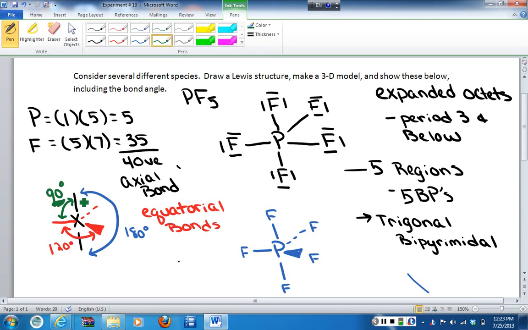Because of the greater electron repulsion, these axial positions end up lengthening within the molecule. So with this structure, you have to pay attention to how you draw the molecule in 3 dimensions. It's very important that you draw the correct bonds that are in plane and out of the plane, and also pay very close attention to both axial and equatorial positions along with the bond angle.